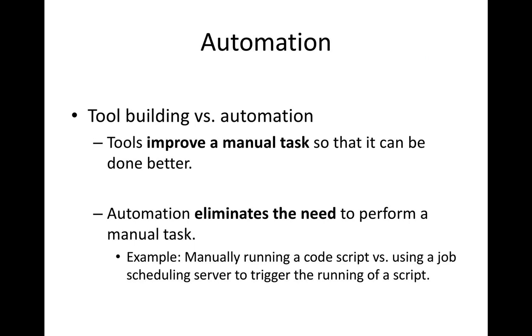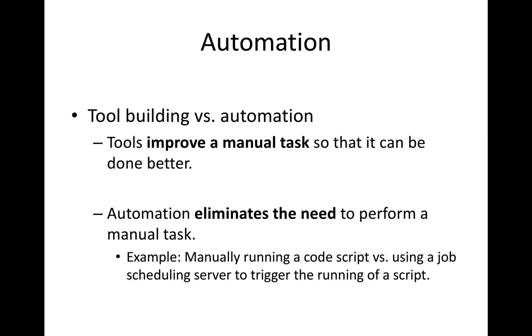That's tool building. When we're building automation, we're really eliminating the need for somebody to run a manual task. We're eliminating the need for somebody to manually execute a script or run some sort of tool. So that's the real distinction.